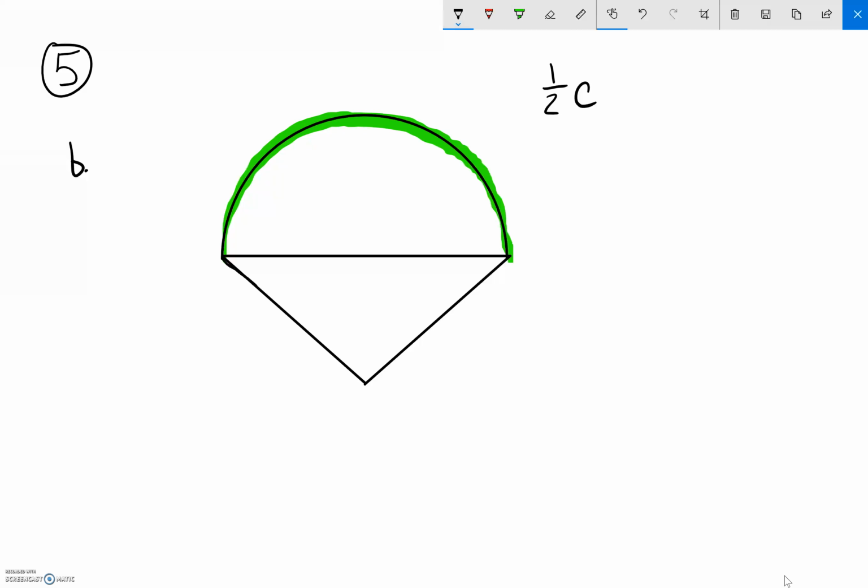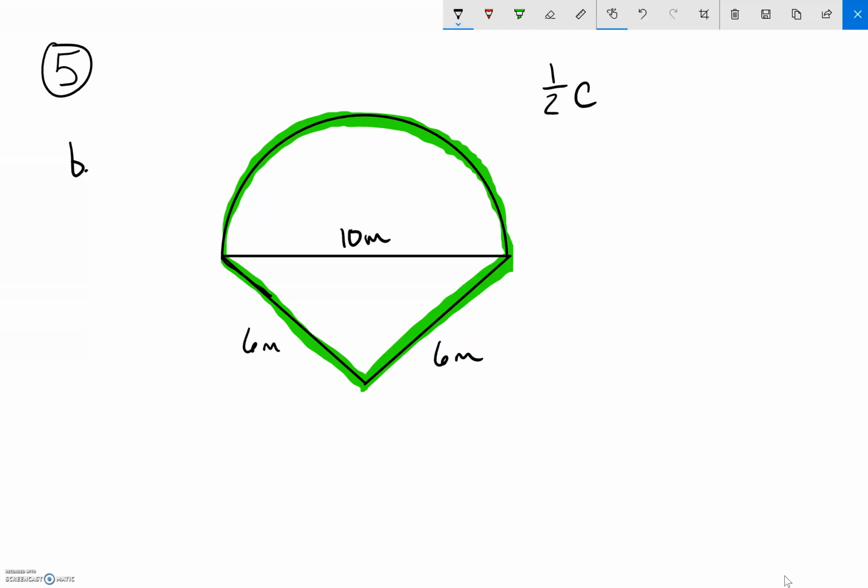We have a 6-meter line here, and we have a 6-meter line here. This 10-meter line is not going to be used in the perimeter because it's on the inside of the shape. But we do need it because it's the diameter.